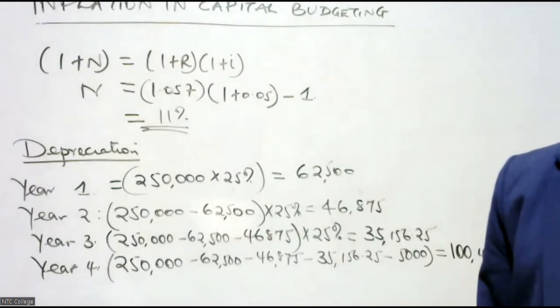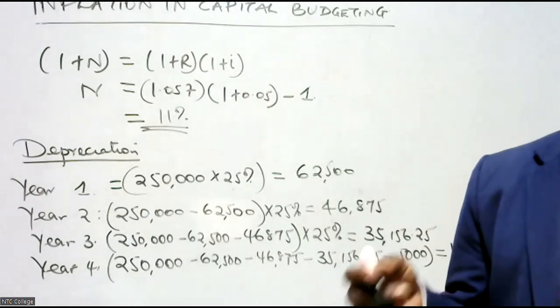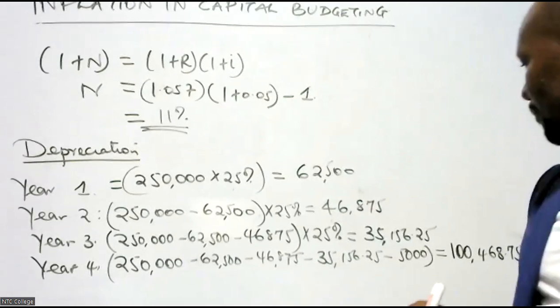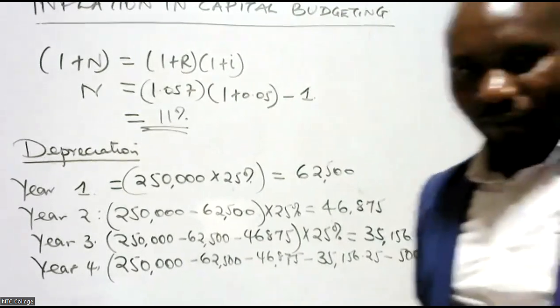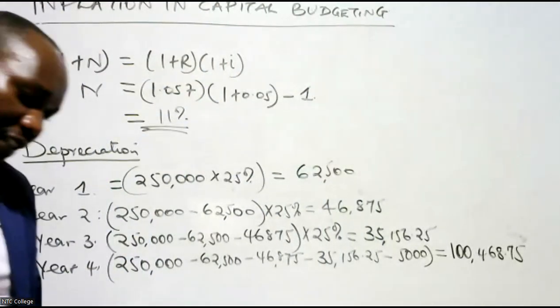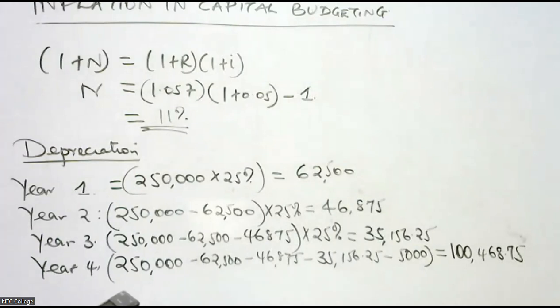Year 3 is wrong. That is what Leah is saying. Fine, Leah. Is there any person who is supporting Leah that year 3 is wrong? It's about taking the calculator. Let's take my calculator. Minus 62,500 minus 46,875 by 25%.